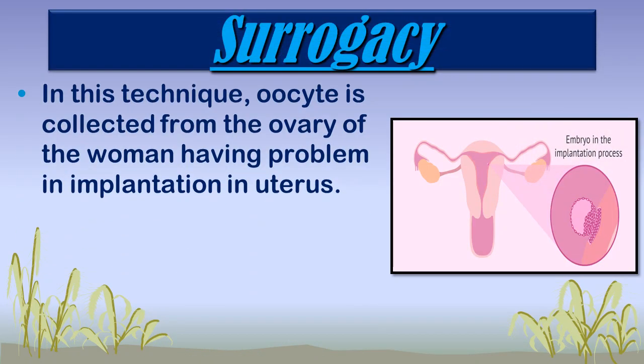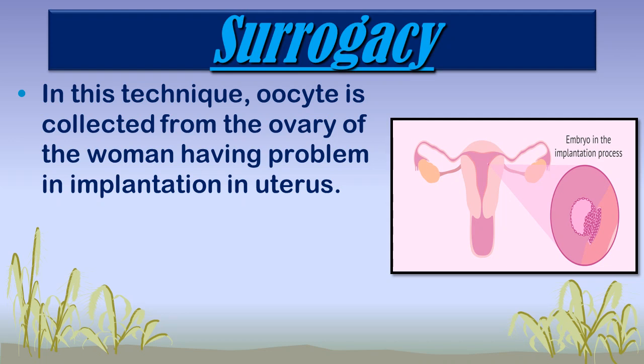Okay. Now in this technique, an oocyte, or immature egg, is collected from the ovary of the woman having the problem in implantation in the uterus.